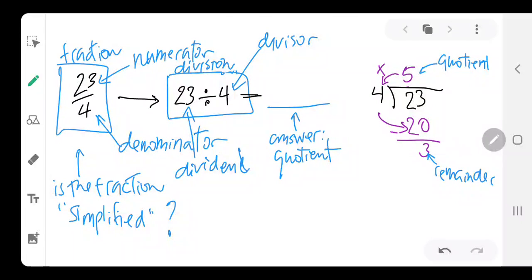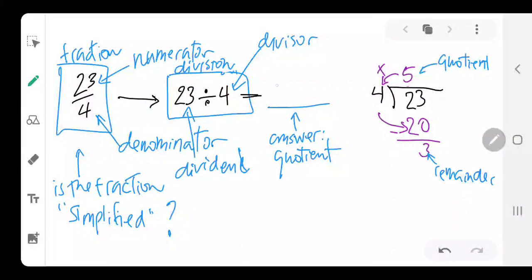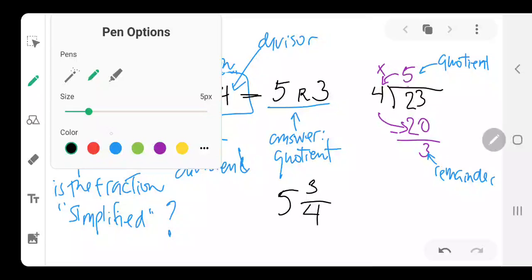You can write the answer in a couple of ways. One way to write the answer is 5 remainder 3. Another way you can write the answer is as a mixed number, 5 and 3 fourths.